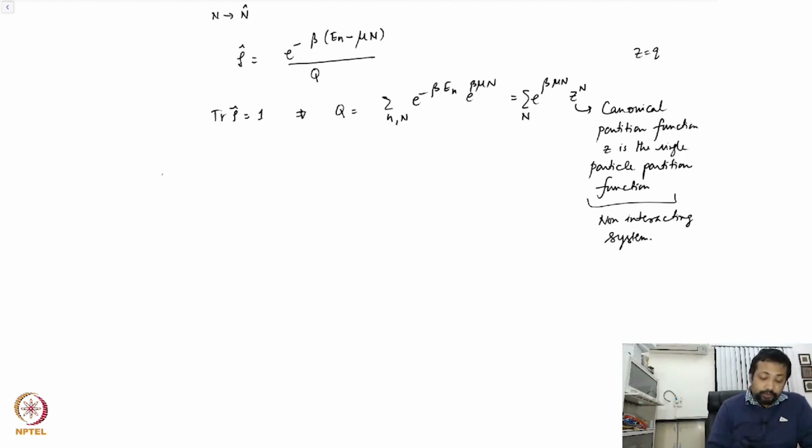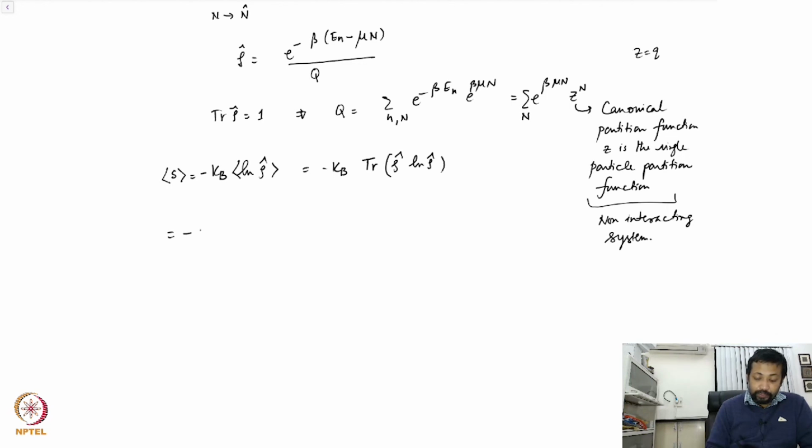Now the average of the entropy is the trace of rho, sorry, is k_B ln of rho hat. The same way that we had used it, minus k_B ln rho hat, which is minus k_B trace of rho hat ln rho hat.